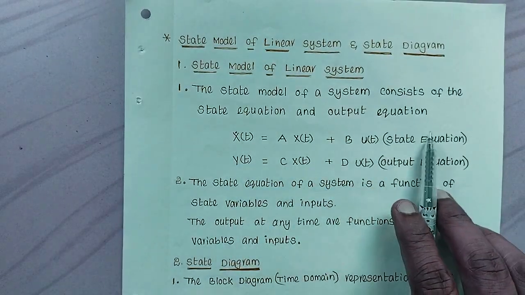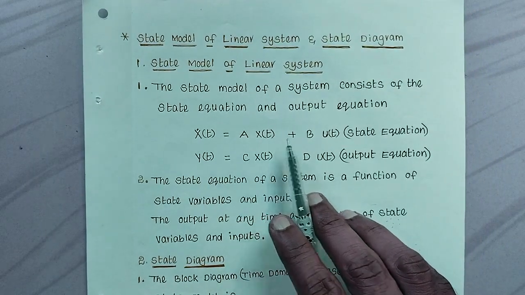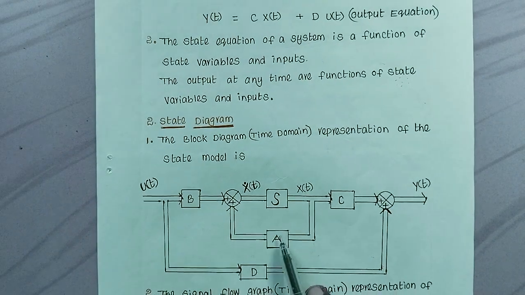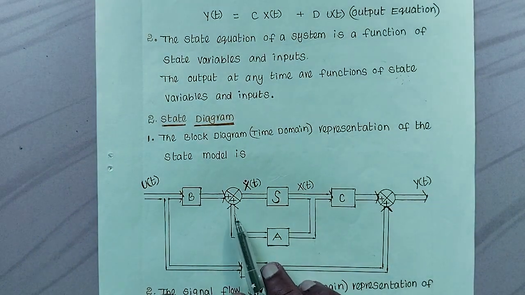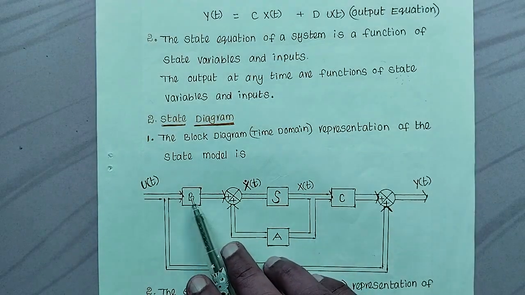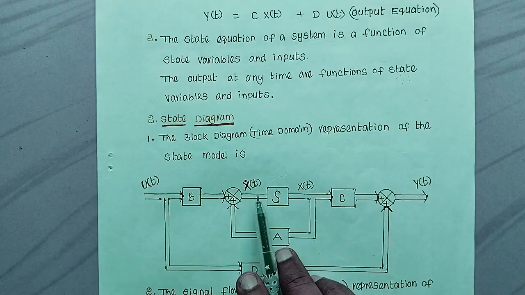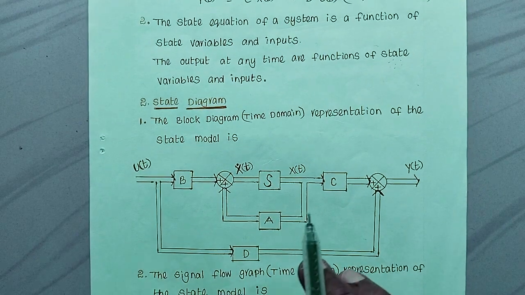From the state equation, at the summing point there are two signals, one is a x of t and one is b u of t. So a x of t plus b u of t is equal to x dot t. So this is the state equation.